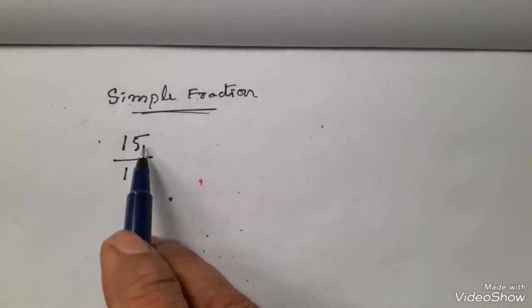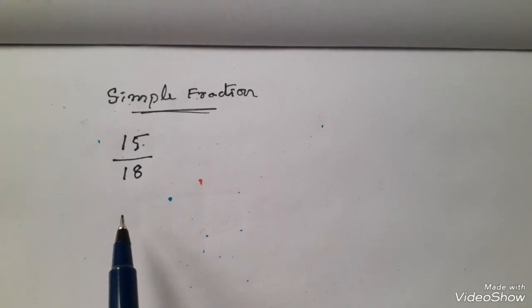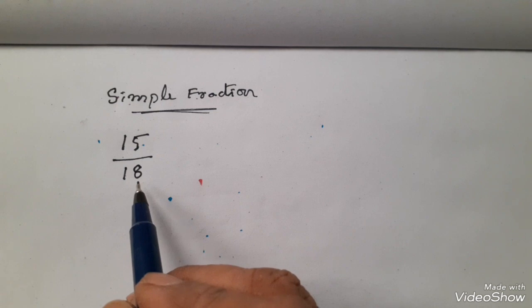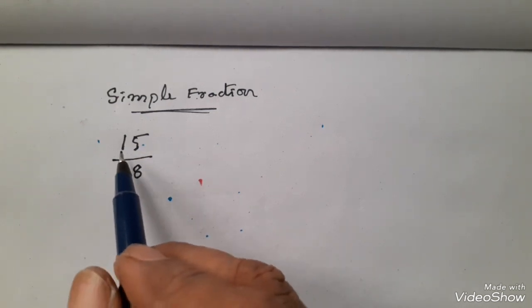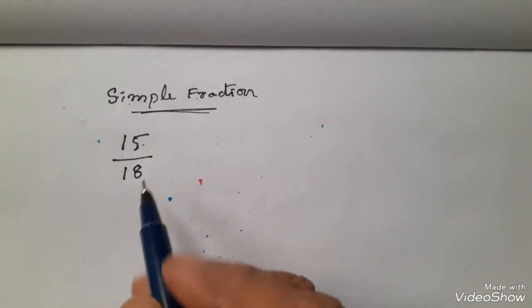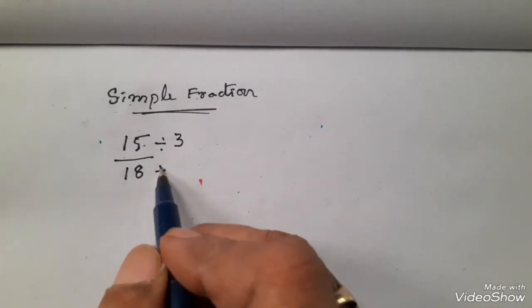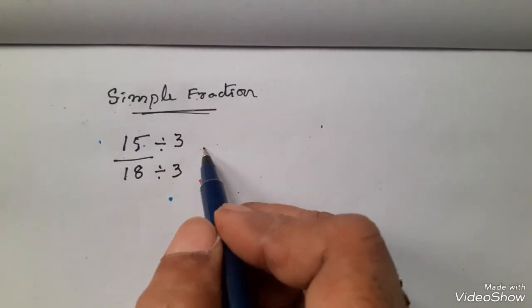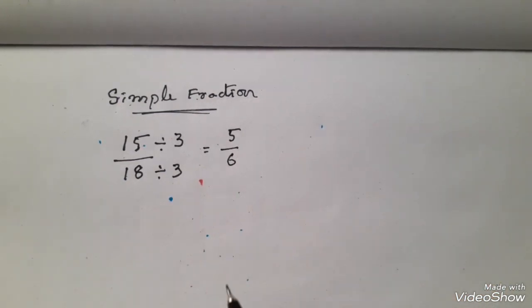Here 15 is the smaller one, 18 is the larger one. For 15 and 18, 3 is a common factor. It means 3 divides 15 and 3 divides 18 also. So if you divide 15 by 3 and 18 by 3, we get 5 by 6. So 5 by 6 is the simple fraction.